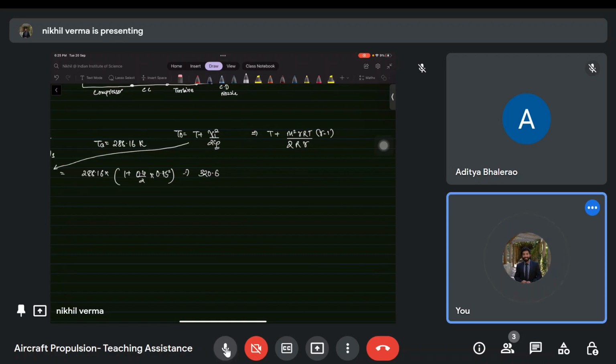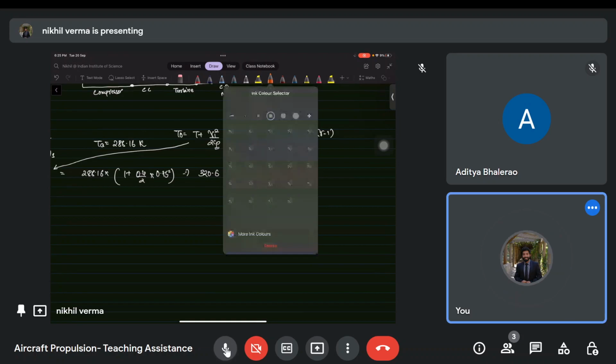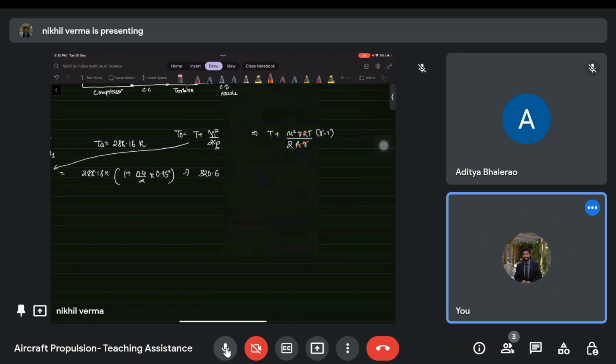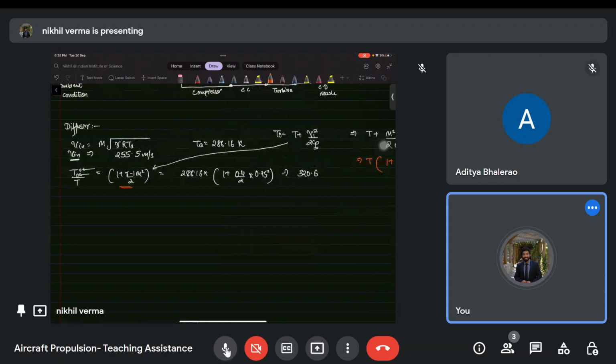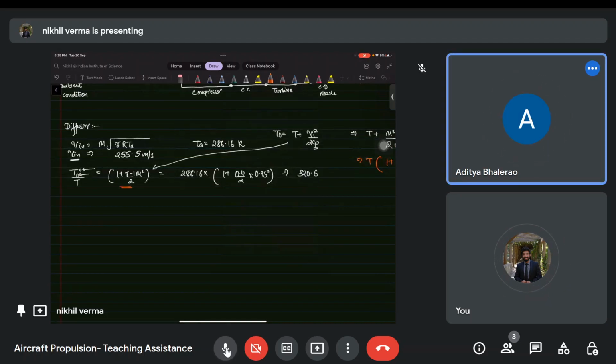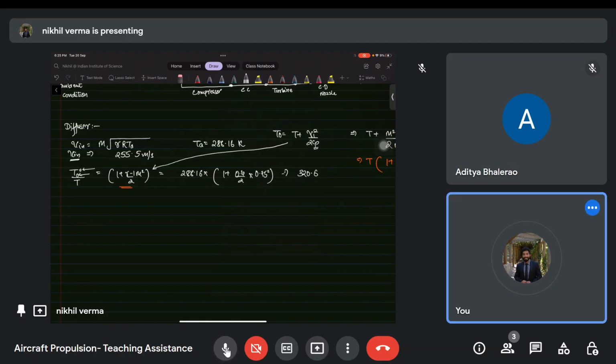So this part cancels off. If you take T common, 1 plus gamma minus 1 by 2 M square. So this is the same equation. This is just a conservation of energy, right? Yes, sir.